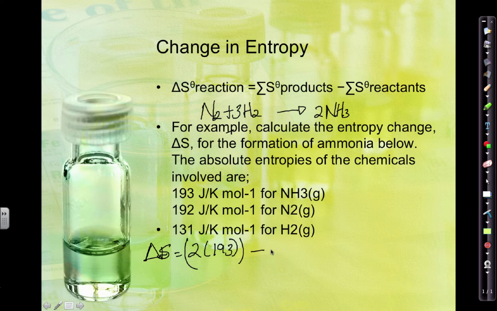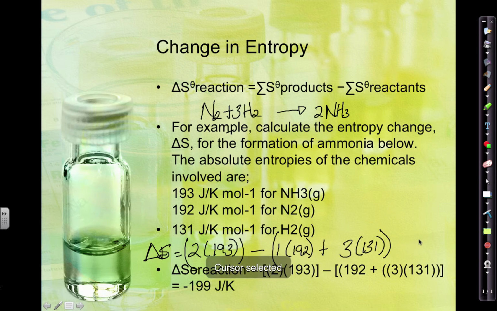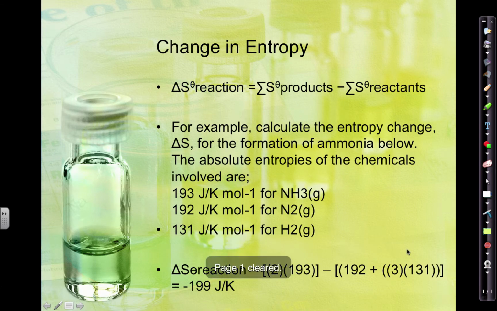I've only got 1 mole of that. I'm going to multiply that by 192. And then I'm going to add that to the other reactant, which is hydrogen. There's 3 moles of hydrogen, though, so multiplied by 131. All right, and then after you do the math, you should get negative 199. And this is going to be measured in joules per Kelvin.